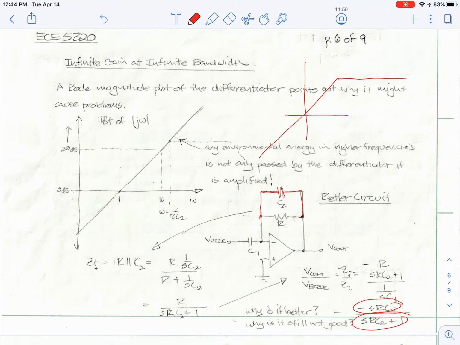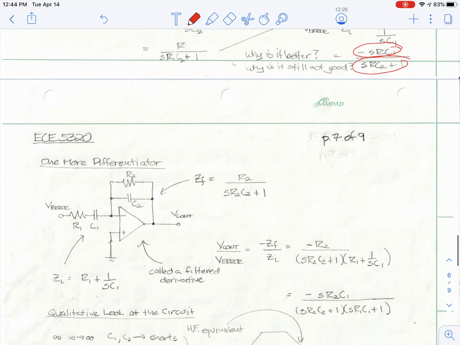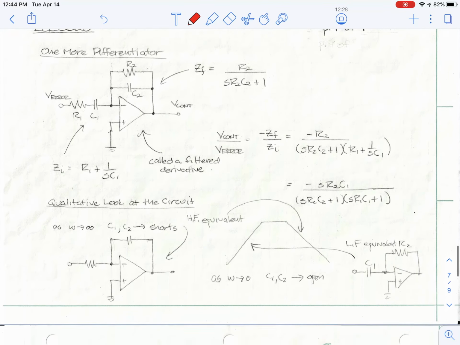Still problematic, because this region here is still amplifying the high frequency components that come on its input. Because if this were 0 dB, showing the 0 dB crossing there, that's not good either. I don't really want to amplify those. I prefer not to have really, really super noisy systems. So it's not perfect, it's better.